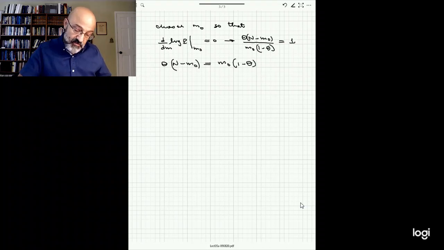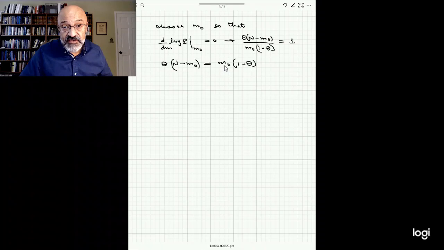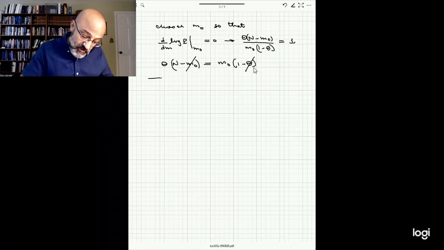On the left hand side we have theta n minus theta m0. On the right hand side we have m0 minus m0 theta. Those cancel out, and so we conclude that m0 is n theta, which is equal to the expected value of m.